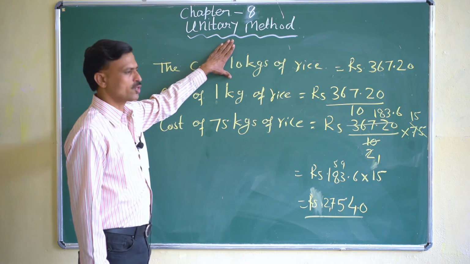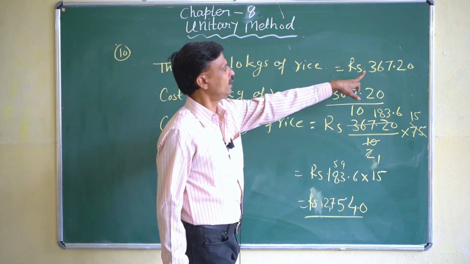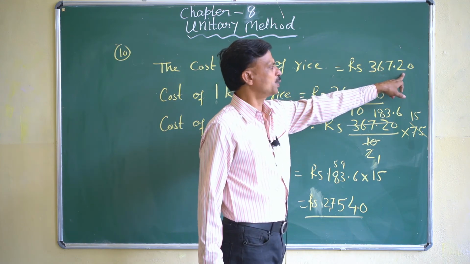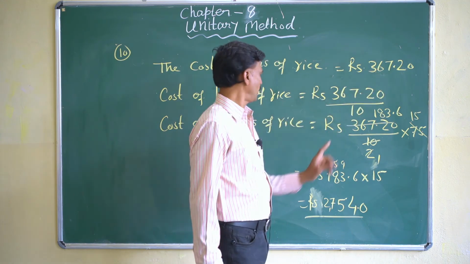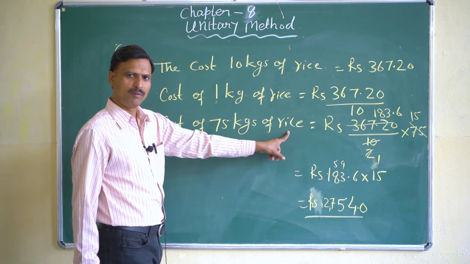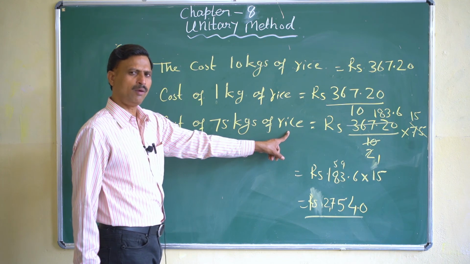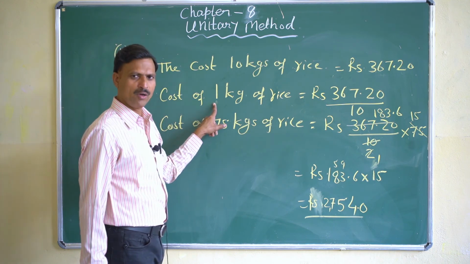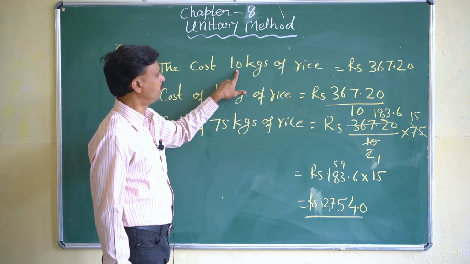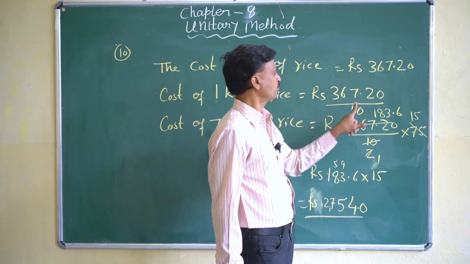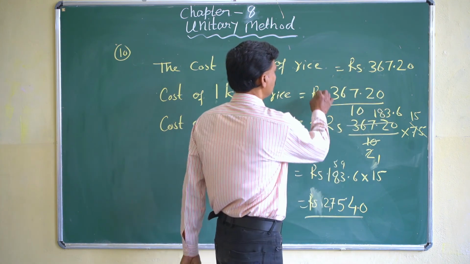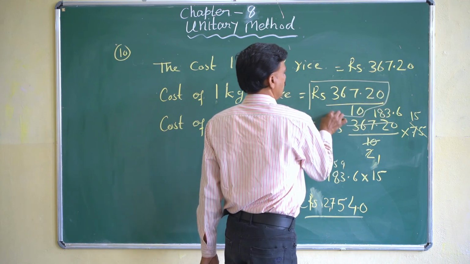What have we done? The cost of 10 kg of rice was given, that is 367.20, and we have to find out the cost of 75 kg of rice. So first we solved for the unit, meaning for 1 kg of rice. Since we are finding for less, for 1, we divide this value by 10.